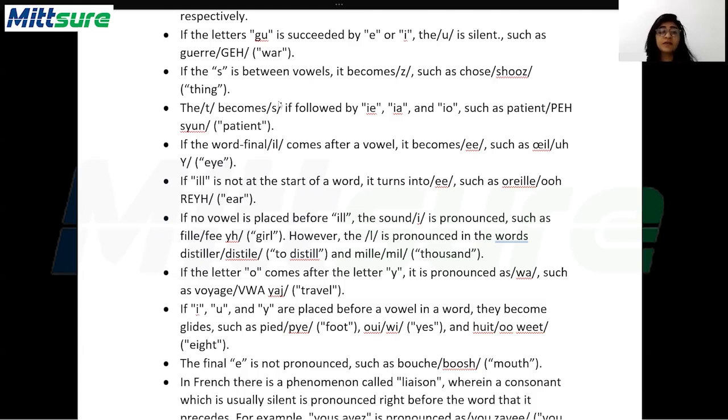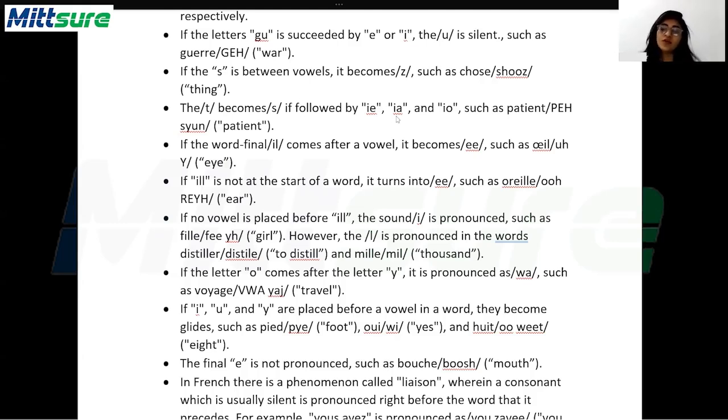The T becomes S if it is followed by IE, IA or IO. We do this in English, but it happens only in the case of ION. Let me give you an example: competition. In competition, the word ends with TION and it becomes shun. It means TIO will become shun.